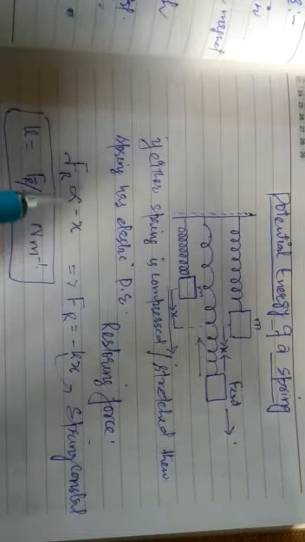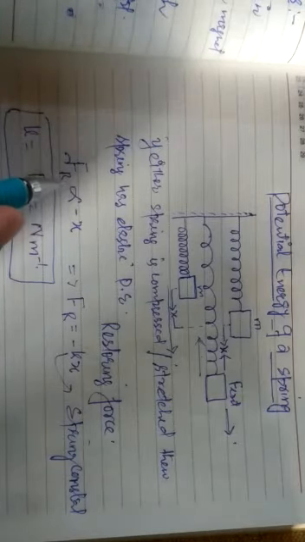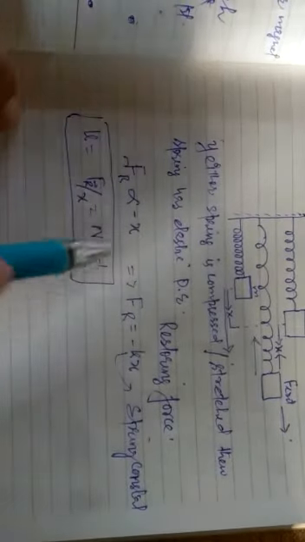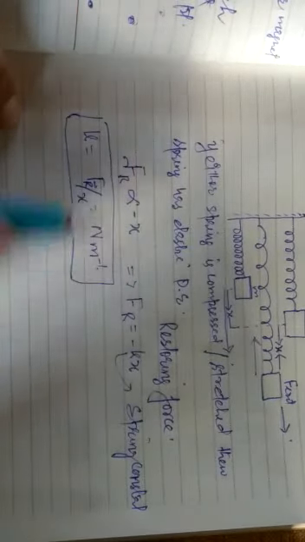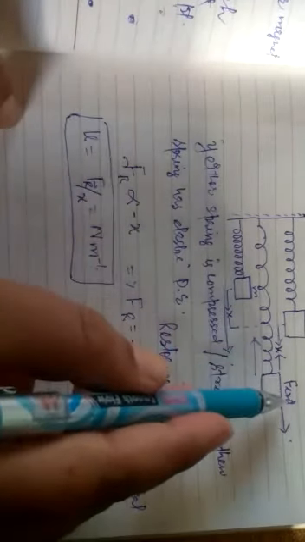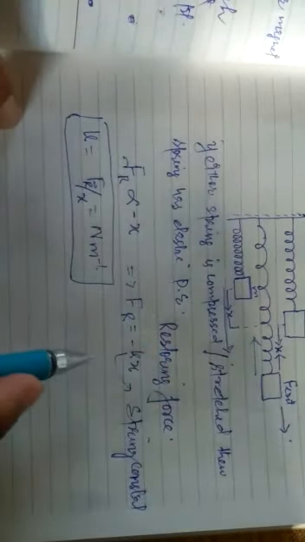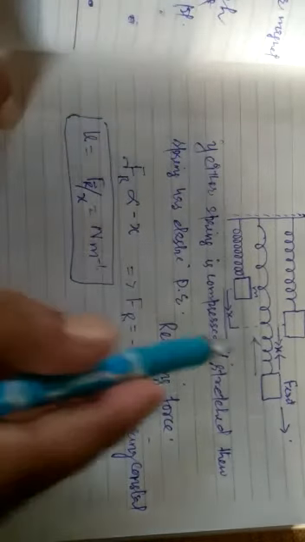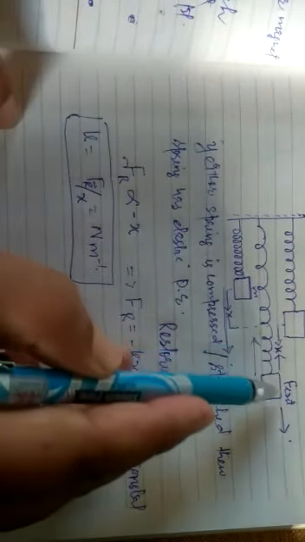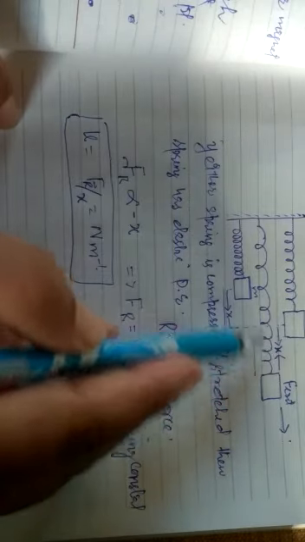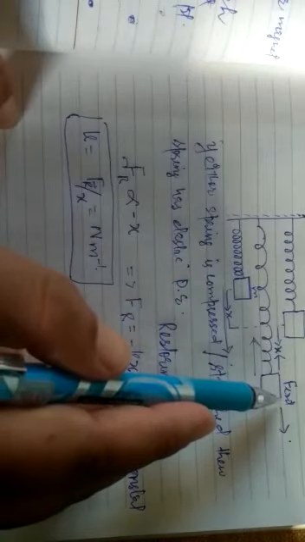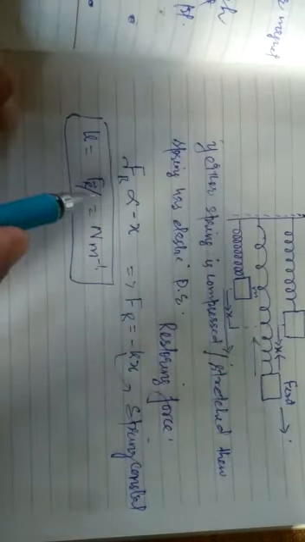More displacement, more restoring force; less displacement, less restoring force. Now the external force that we apply is just equal and opposite, because on the application of the external force the spring is stretched or compressed, and because of that a restoring force develops.